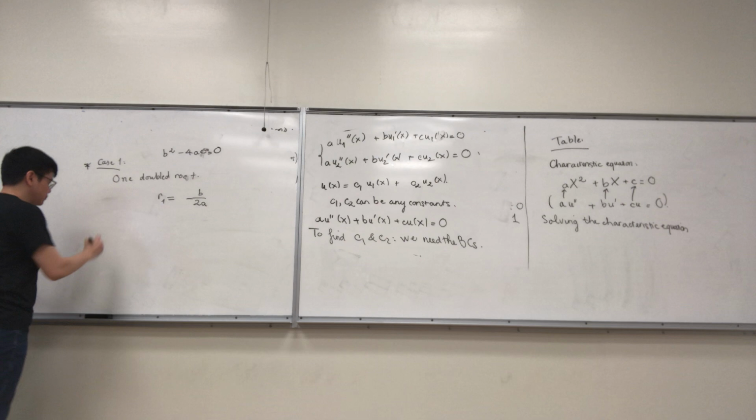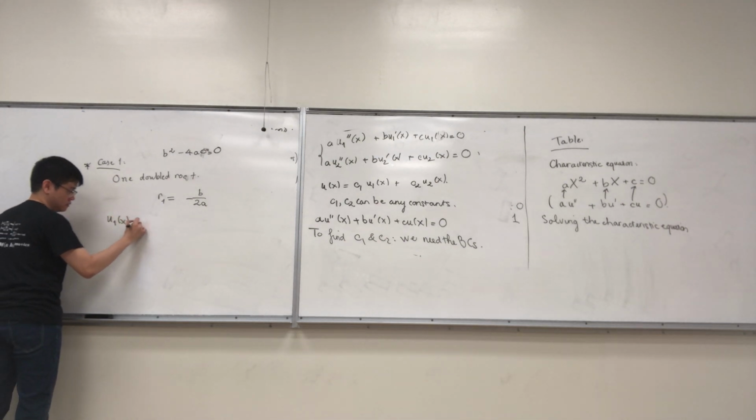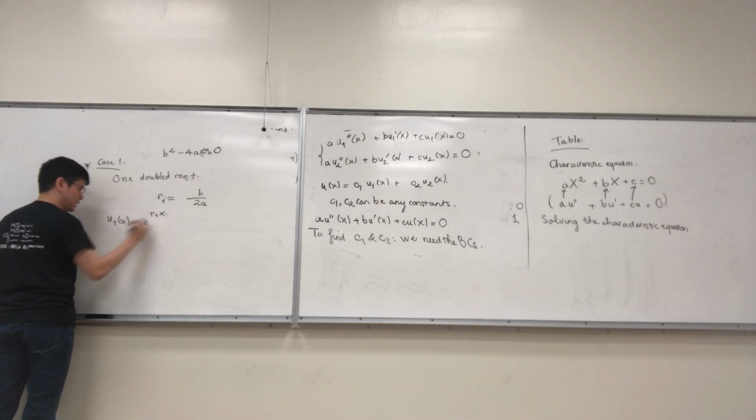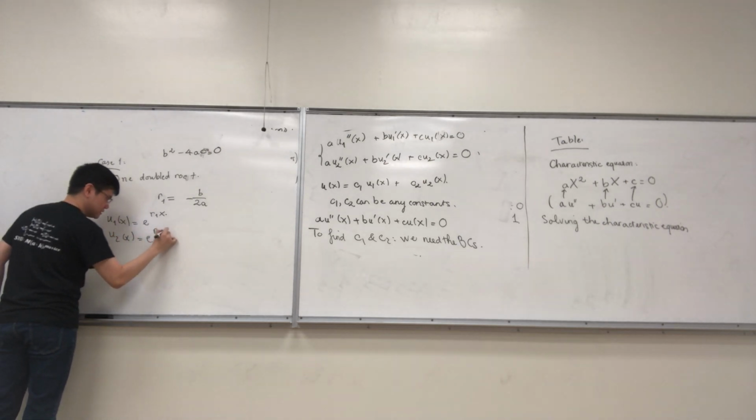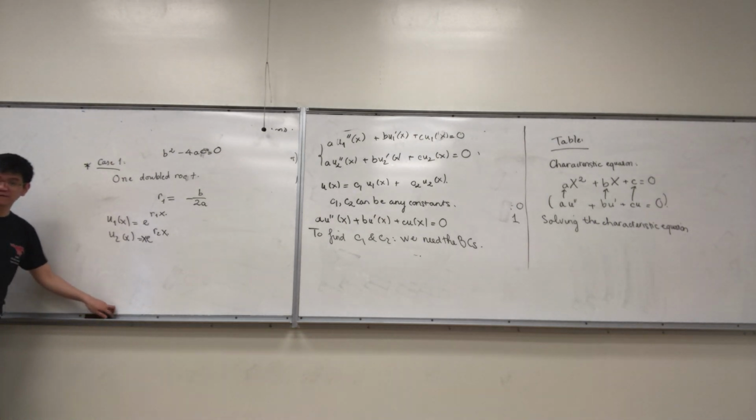So the first solution will be e to r1x, and the second solution will be e to r1x times x. All right.